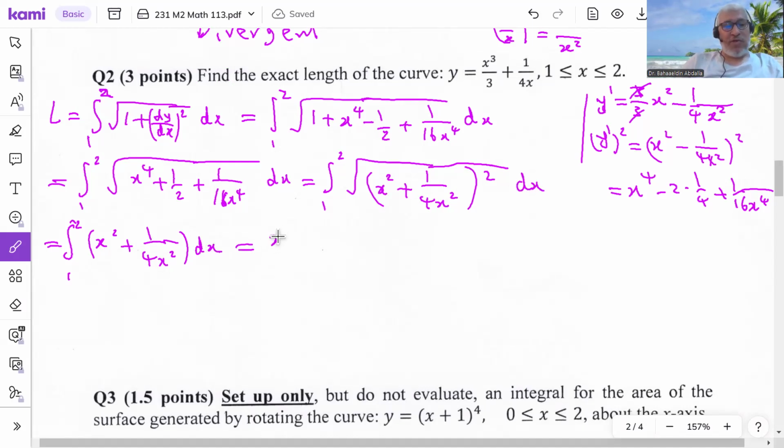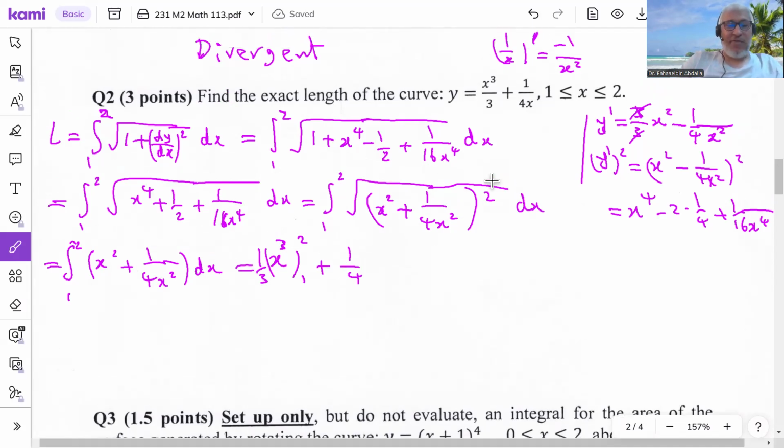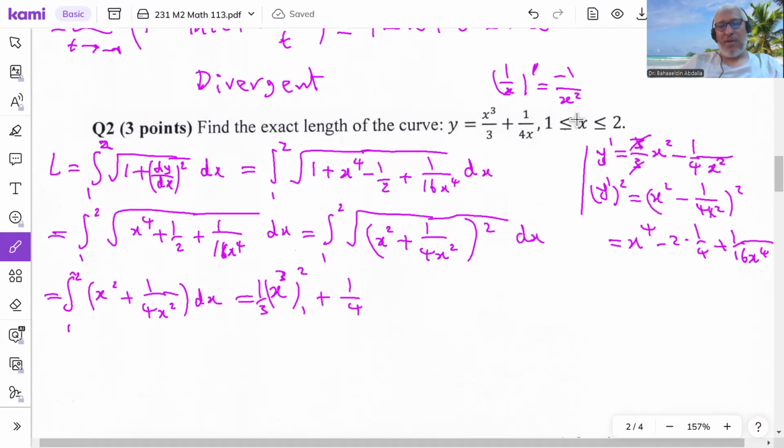So the integral of x squared is x cubed over 3 from 1 to 2 plus 1 over 4, I can take it out. And I have just seen that the derivative of 1 over x is negative 1 over x squared.